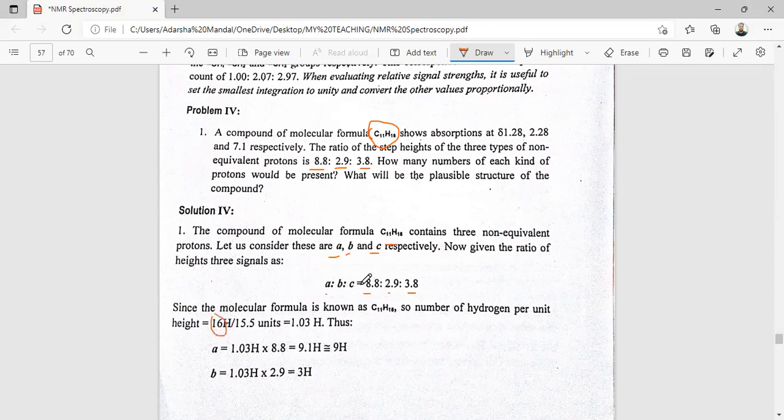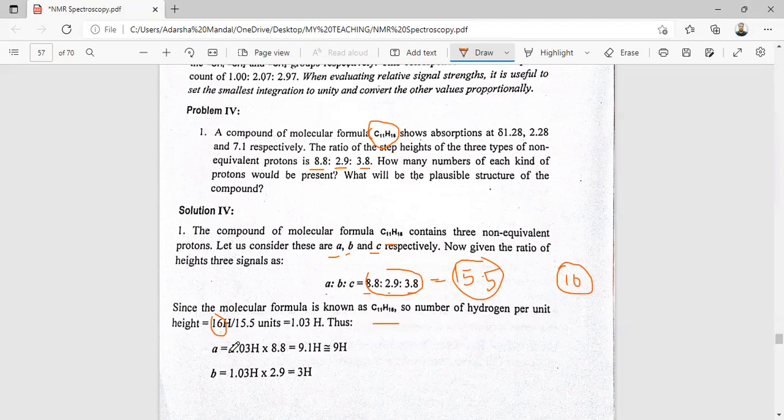So here we first have to add all these heights, which comes to 15.5, and the total number of protons in this molecule is C11H16, that means 16 protons. Since the molecular formula is C11H16, we find the number of hydrogens per unit of height.